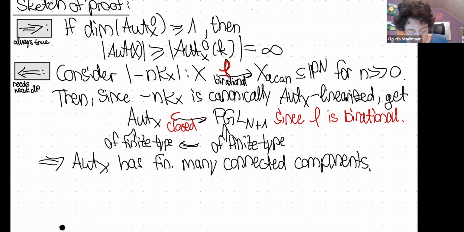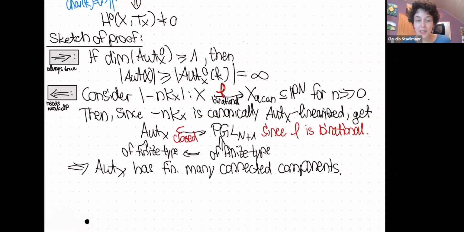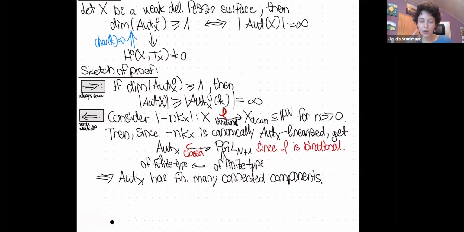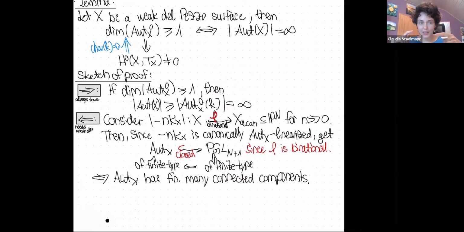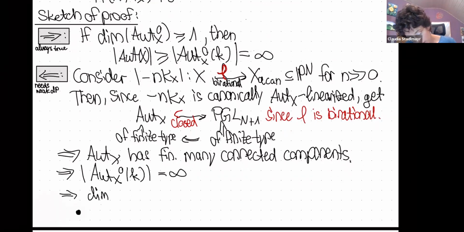But now we know by assumption on the right-hand side that Aut_X has infinitely many k-rational points. We know that there are finitely many connected components. So each connected component, since we're dealing with group schemes, has to have infinitely many points. So also k-rational points. So also Aut_X^0 has infinitely many k-rational points. And therefore, its dimension is positive.